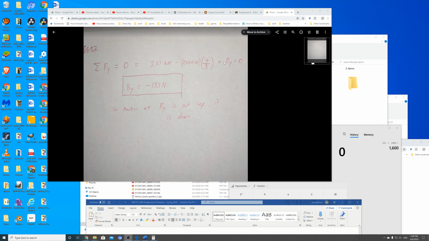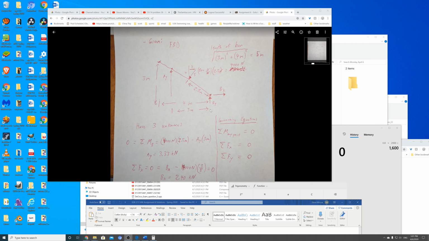And then BY is going up, at least in my free body diagram. So this is positive, positive, and then negative.